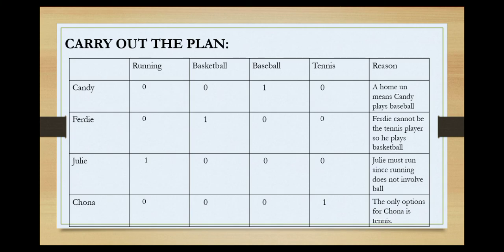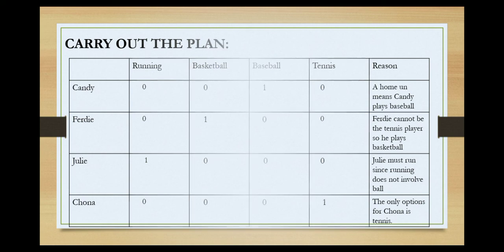Candy is marked 1 in baseball because a home run means Candy plays baseball. Ferdy is marked 1 in basketball because Ferdy cannot be the brother of a tennis player and play tennis, so he plays basketball. Julie is marked 1 in running because Julie must run since running does not involve a ball. Chona is marked 1 in tennis because the only option for Chona is tennis.